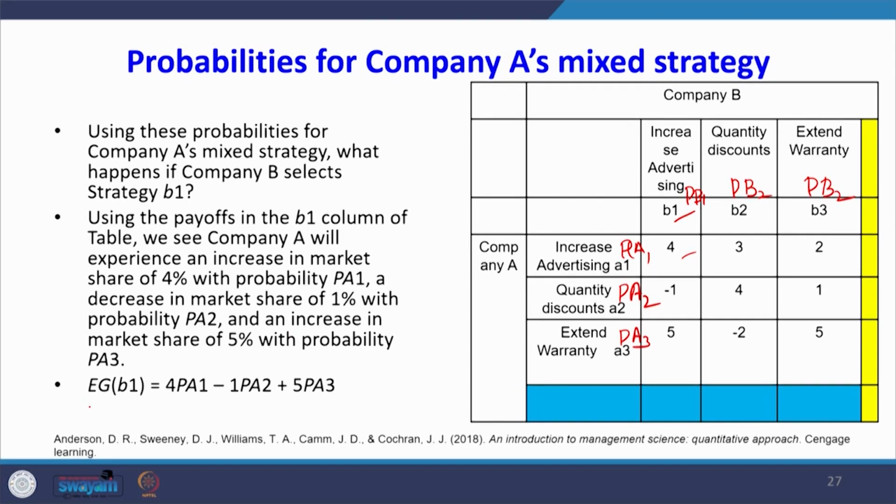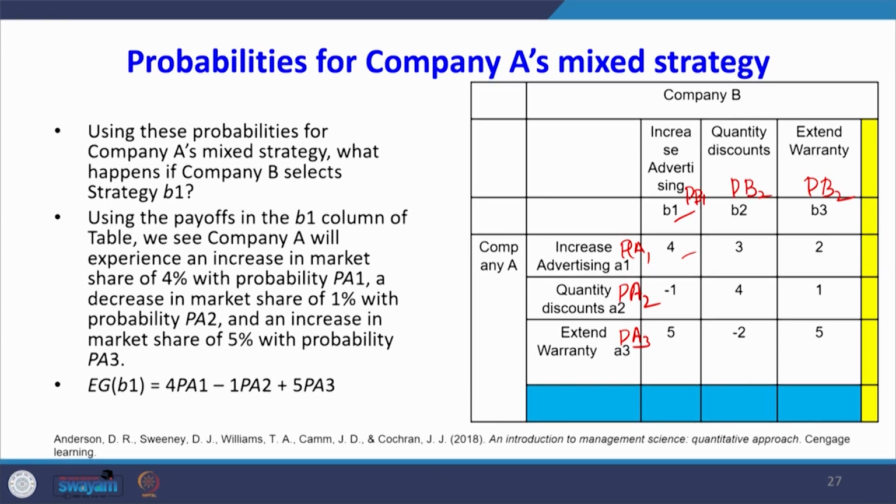So the expected gain for company A, if company B plays B1, is equal to 4 PA1 minus PA2 plus 5 PA3: the probability multiplied by the corresponding payoff value.